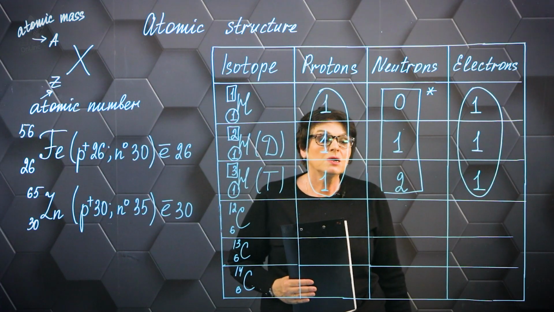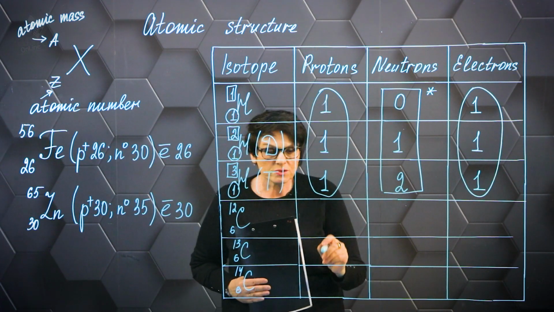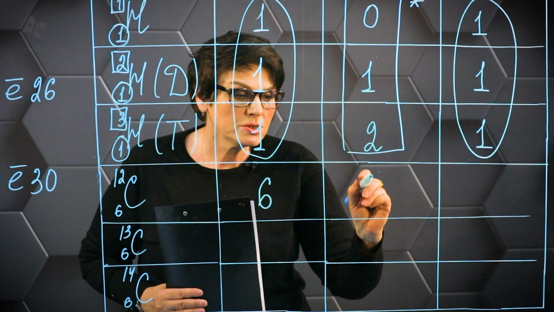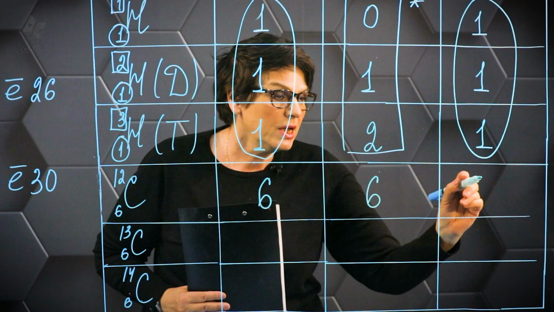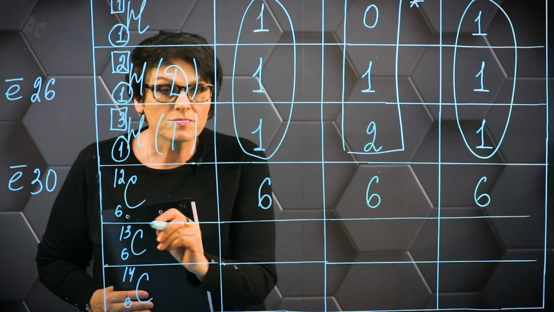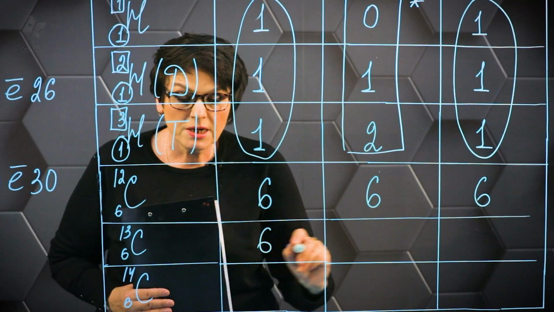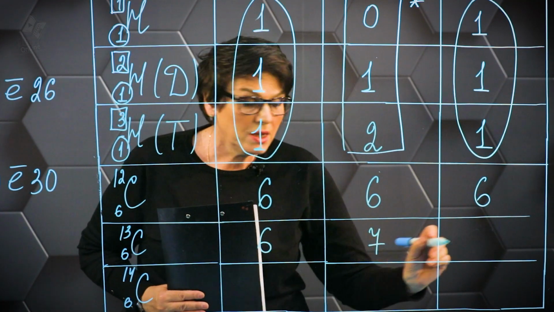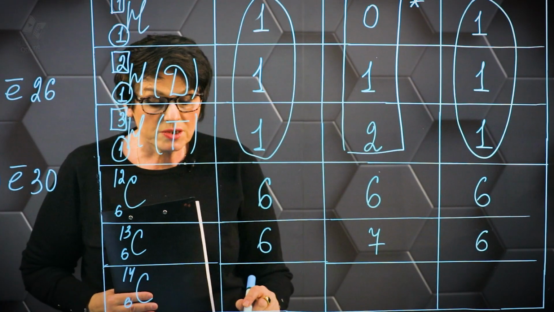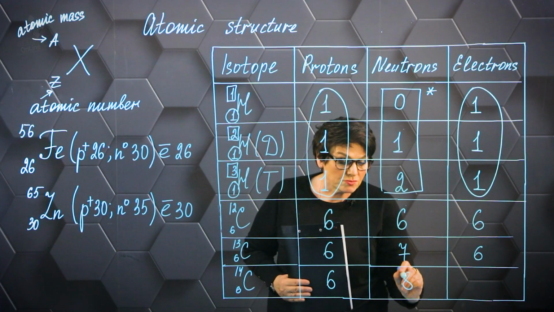Let's take the carbon isotope now. So its number of protons would be 6, the number of neutrons is 6 and the number of electrons is 6. For the second carbon, which is less common in nature, respectively, protons will be 6, neutrons here will be 7 and the number of electrons 6. Well, now carbon which has a mass of 14 will have 6 protons, 8 neutrons and 6 electrons.